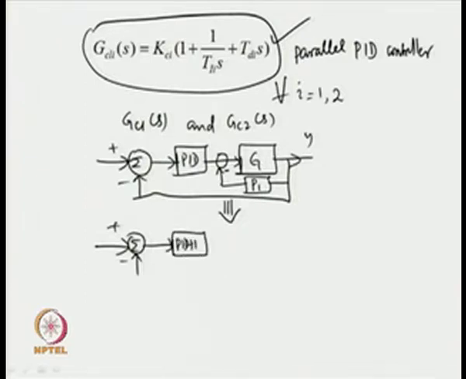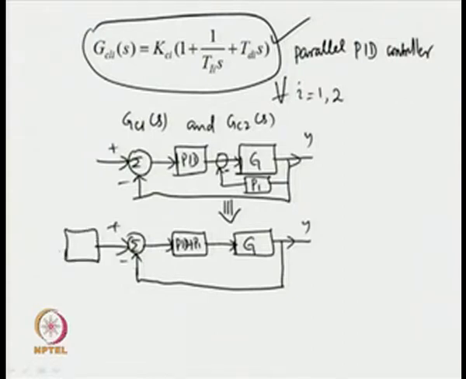PID plus P1 in the feed forward path with the single input, single output process G, and now a pre-filter is to be added and that pre-filter will be given by PID upon PID plus P1, and we shall have the reference input over here.